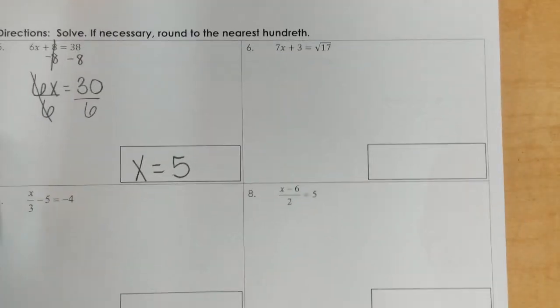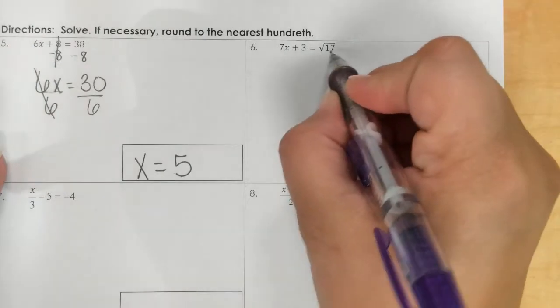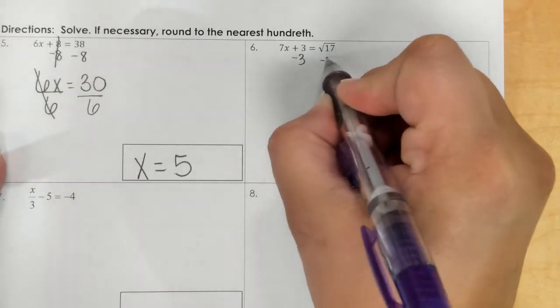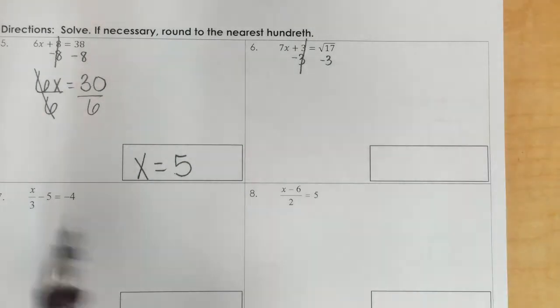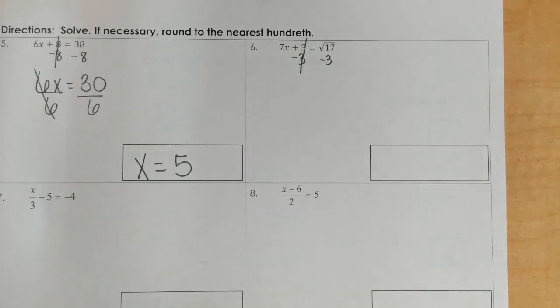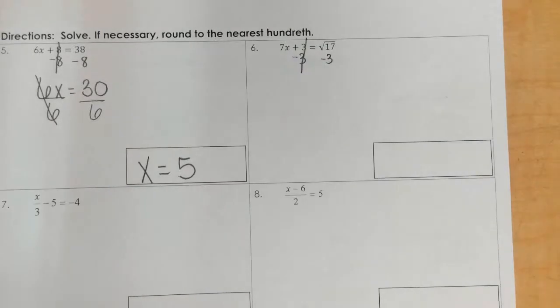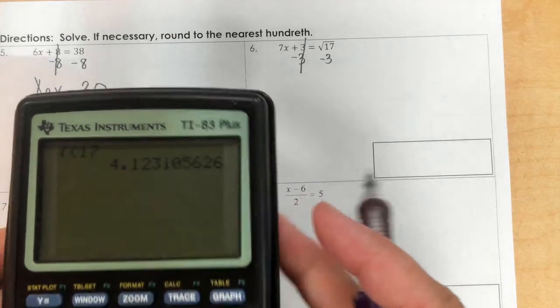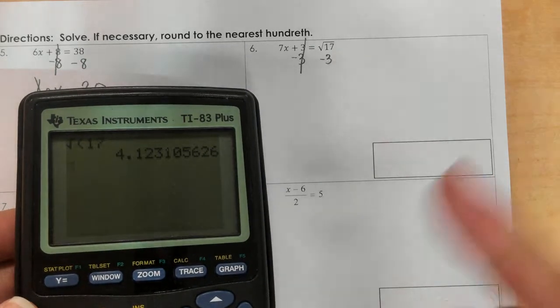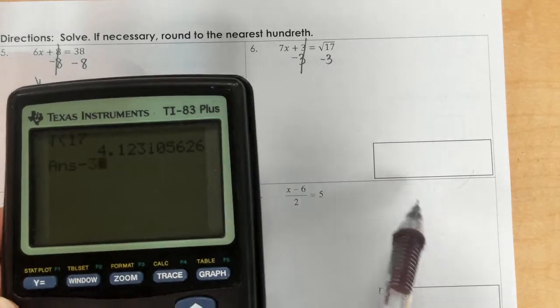Okay. In number 6, I know that it's a two-step equation where I would subtract 3 first. So like we did in class, we're going to find the square root of 17 first. Okay, and I get this pretty long number, 4.123, etc. there. So I would subtract 3 from that.